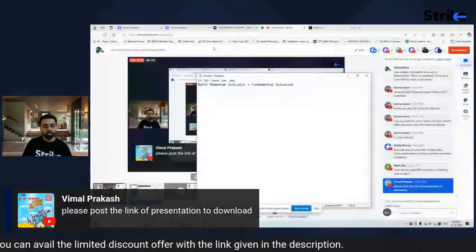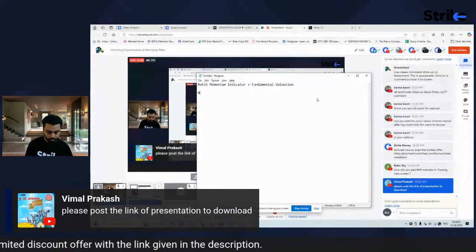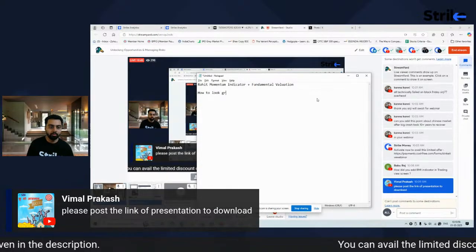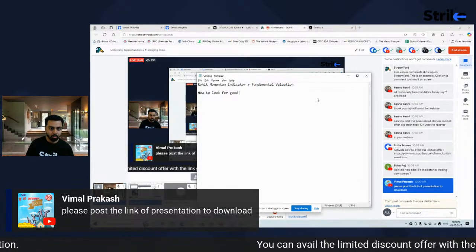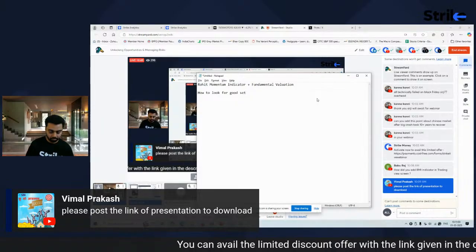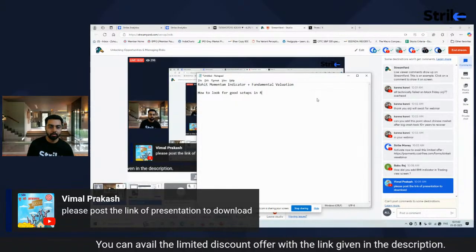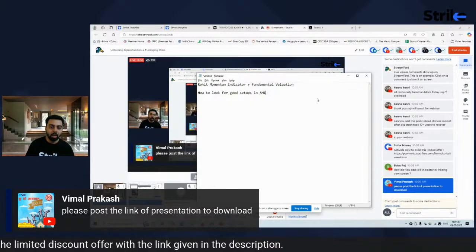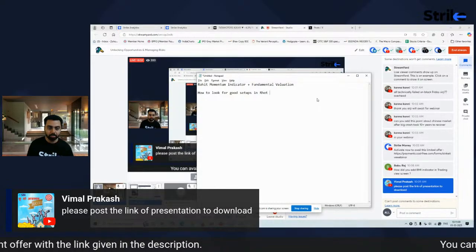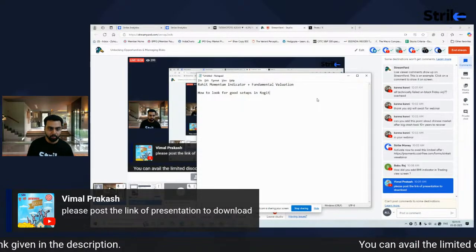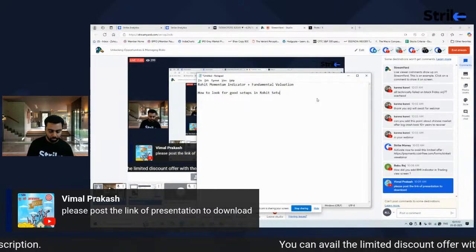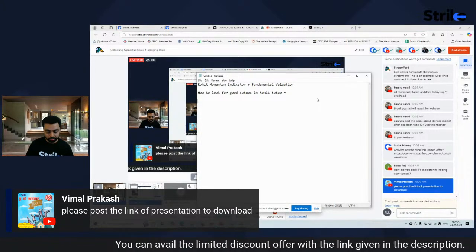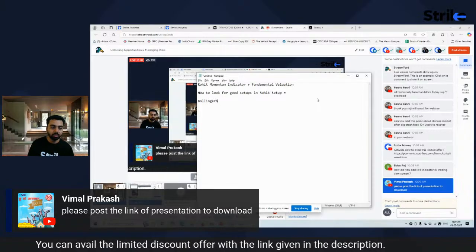So the first thing is how to look for good setups in RMI. Okay, RMI, or you can say the Rohit setup. That screen we have already built. So in that, the things that we have are Bollinger Band.